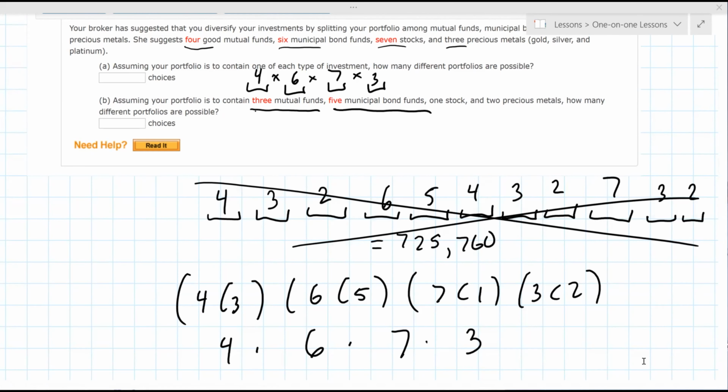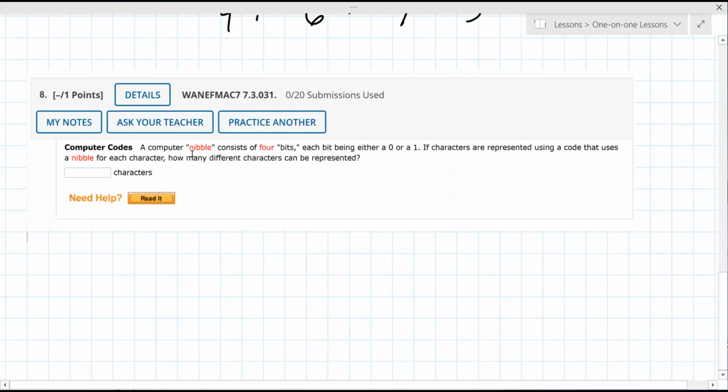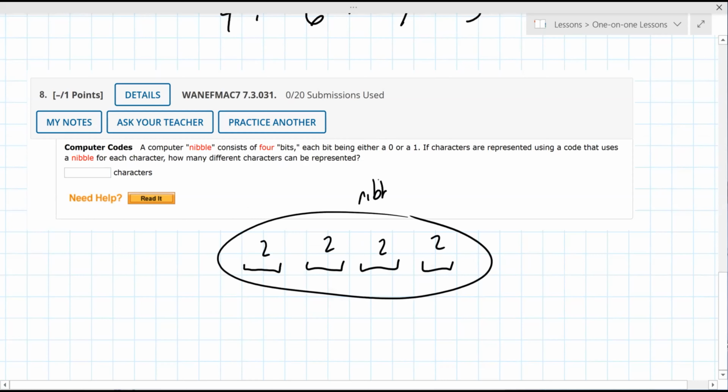All right, snipping in the next question. Okay, a nibble consists of 4 bits. Each bit either contains a 0 or a 1. So a bit is this. Each one of these is a bit, and there's 2 possibilities in each. So this is a nibble. And if characters are represented using a code that uses a nibble for each character, how many different characters can be represented?